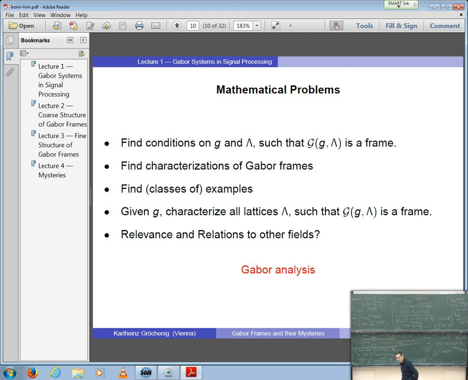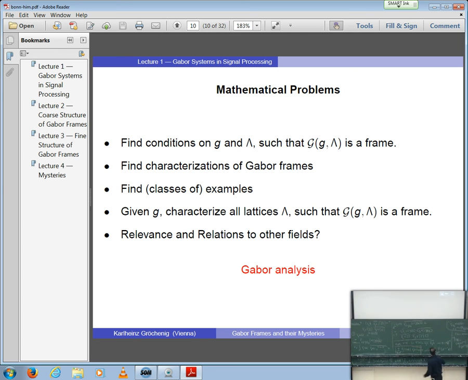I'm not sure that I understand the question. It seems that this is like a basis of eigenfunctions of some operator. Is it possible to formulate this in properties of some operator associated with this system? So the duality. Well, the keyword is operator algebras, yes, you can put that in the context of operator algebras. You look at the operator algebra generated by the time frequency shifts on the lattice.